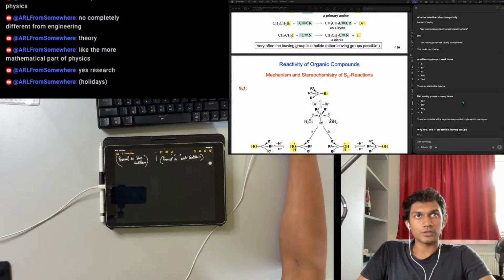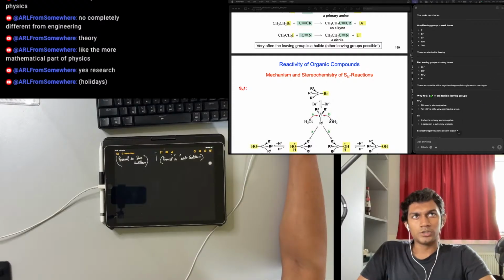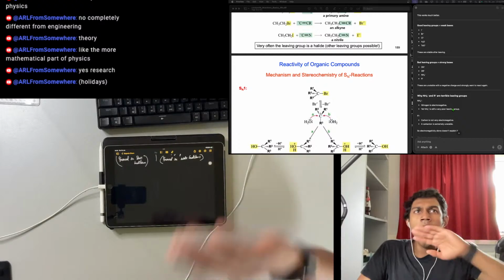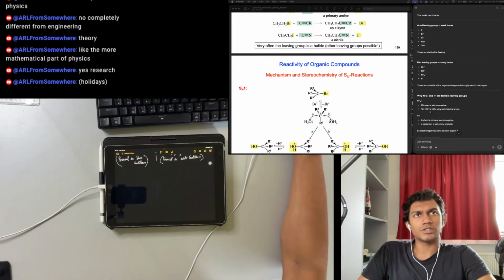Bad leaving groups equal strong bases. These are unstable with negative charge and strongly want to react again. That's why NH2 minus and R minus are terrible leaving groups. Nitrogen is electronegative, yes, yet NH2 minus is still a very poor leaving group.